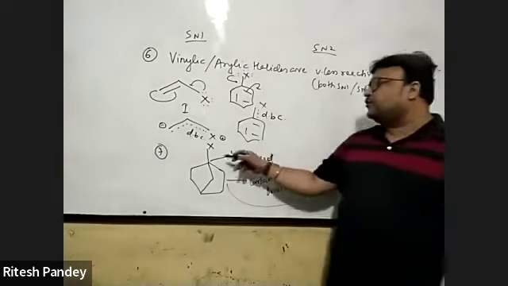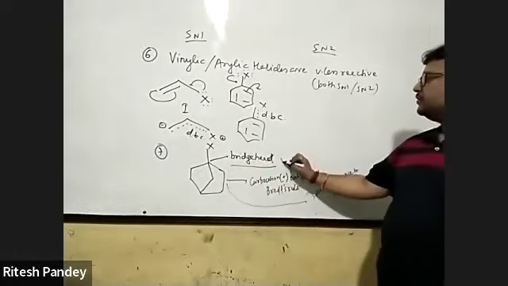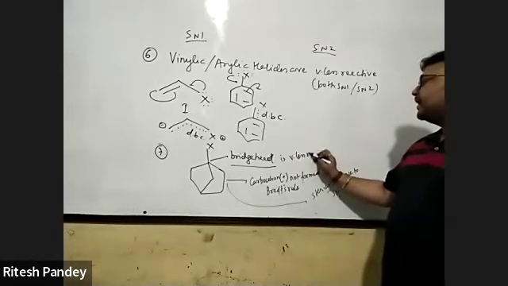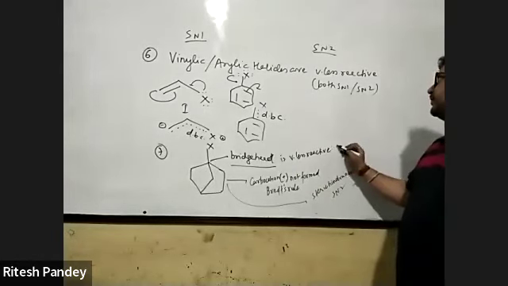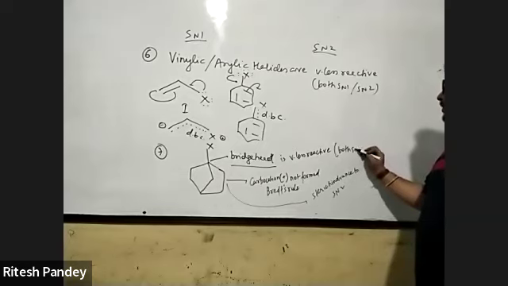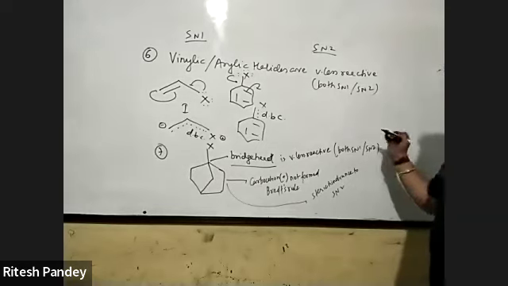Yes or no? So halide where the halogen is attached to the bridgehead carbon is also very less reactive towards both Sn1 as well as Sn2.